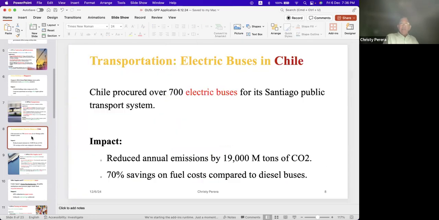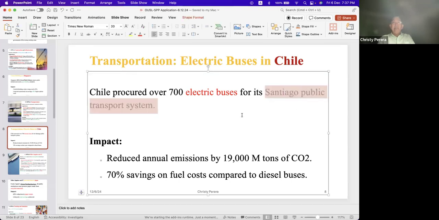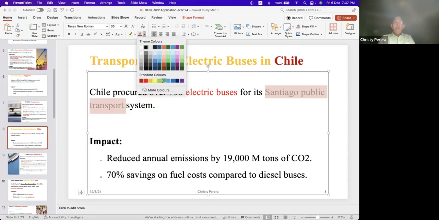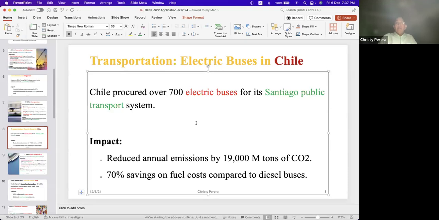Here also I have taken Chile because they are using sustainable public procurement in a very big way. Chile procured over 700 electric buses for its Santiago public transport system, which is like our CTB.